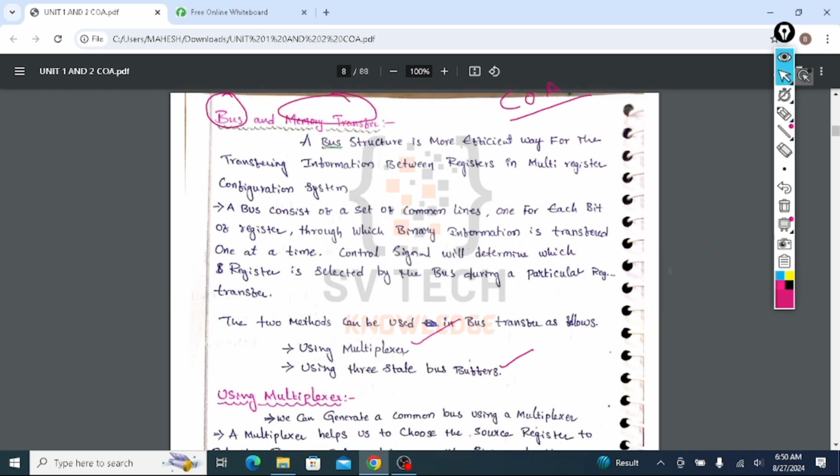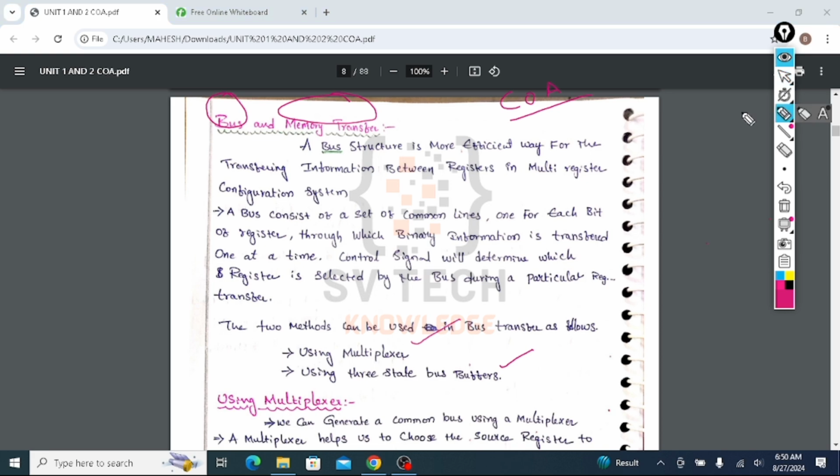Here, if you have a 4-bit register, A is a 4-bit register and its individual bits are A0, A1, A2 and A3, and B is an individual register of the size of 4 bits: B0, B1, B2 and B3.